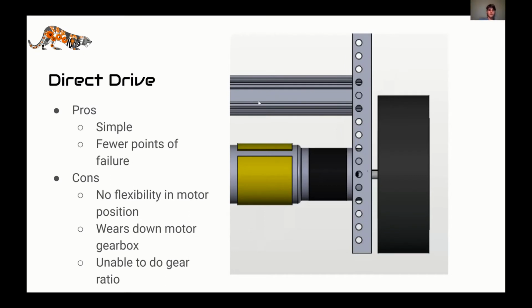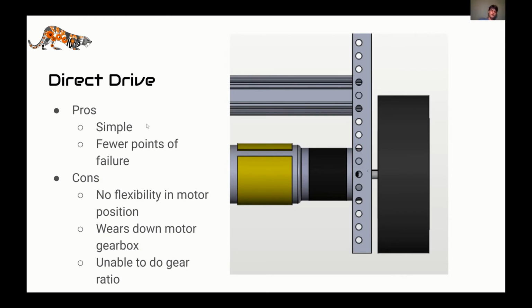Next up, we have direct drive, which is by far the simplest driving method. If you didn't know anything about driving methods, it's probably just what you would do. You would just take your motor, put it on some structure, and then attach whatever you're driving on the end of that. So for example, right here, you can see this motor that is going directly into this traction wheel.